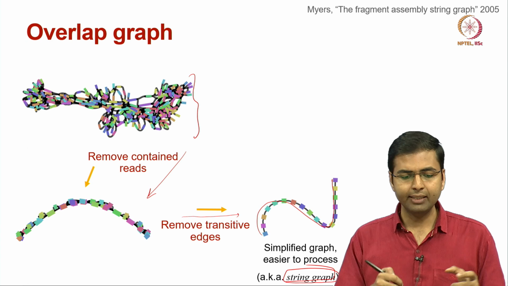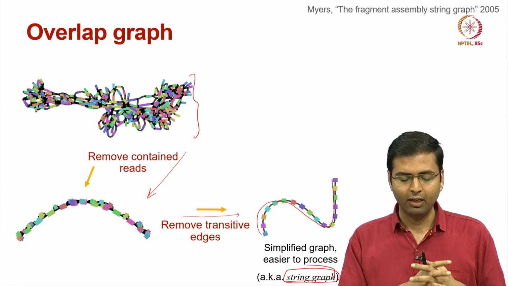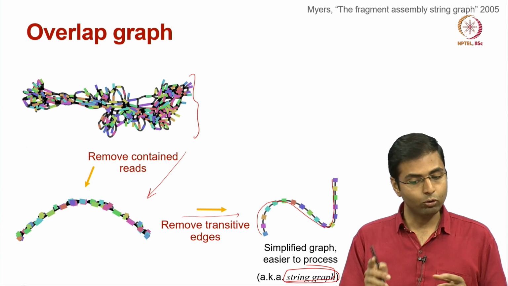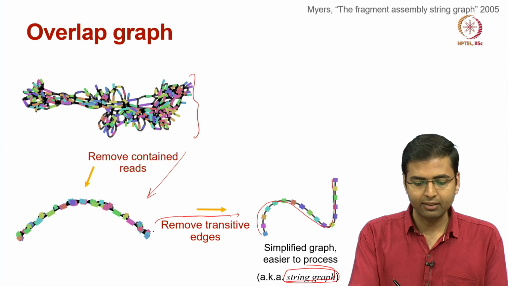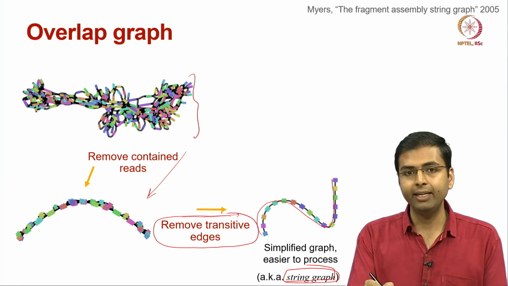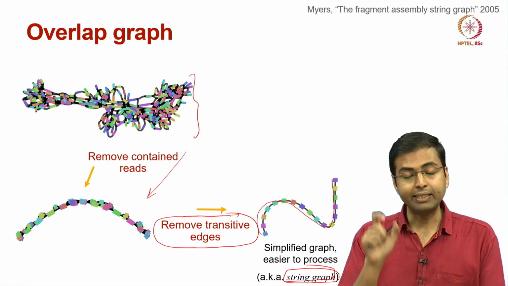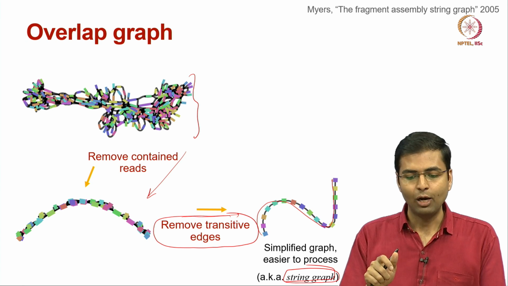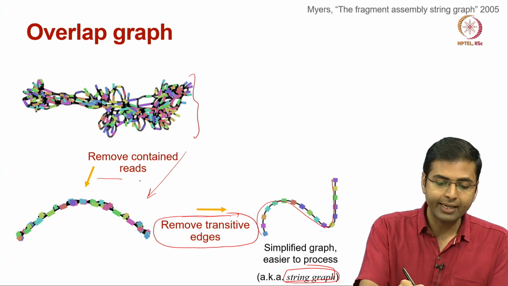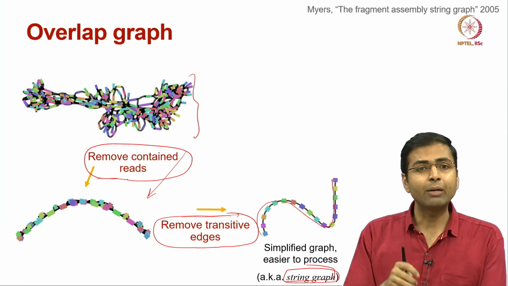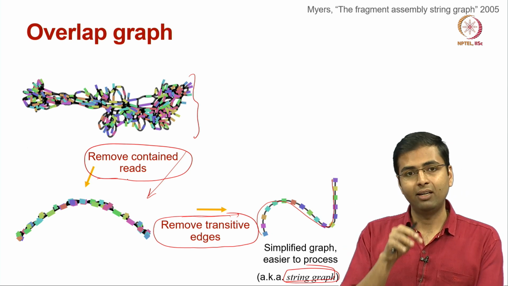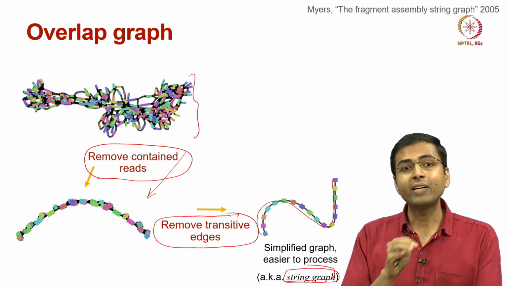In this simplification process, in theory we know that removing transitive edges is a safe technique, that is, the edges that we are going to remove are absolutely redundant. However, when we are removing contained reads we know that most of these contained reads will be redundant, but there is no guarantee here.